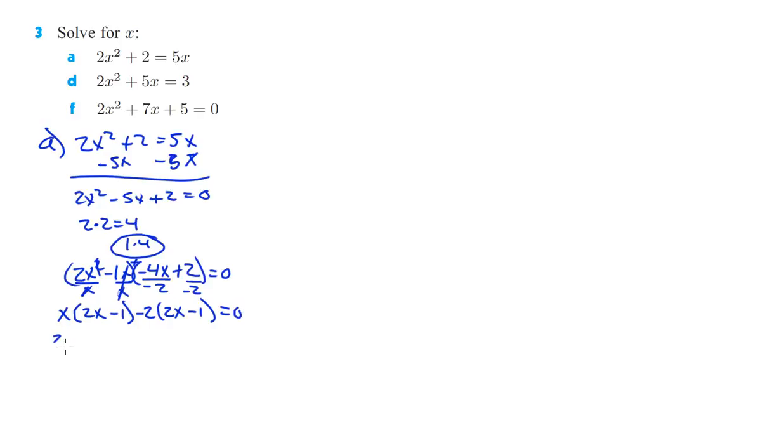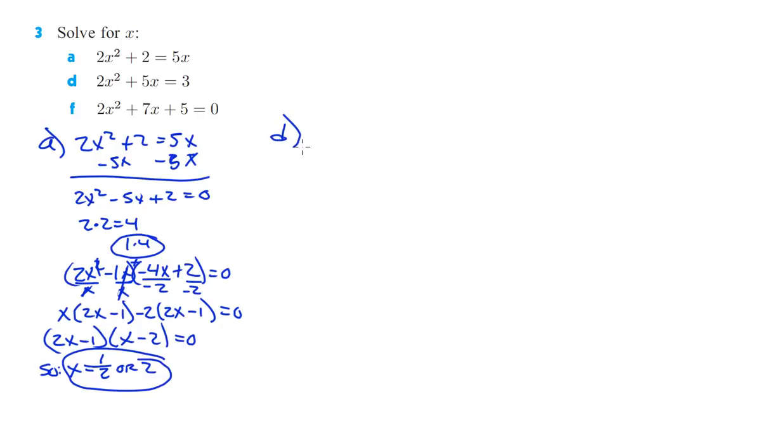So we factor the 2x minus 1 out of both of those, and we're left with x minus 2. All right? So x is going to equal, again, I know I'm going to take the opposite of this one here, positive 1 divided by 2, so 1/2, or let's see, 2 minus 2 gives us 0. So x equals 1/2 or 2 for A.